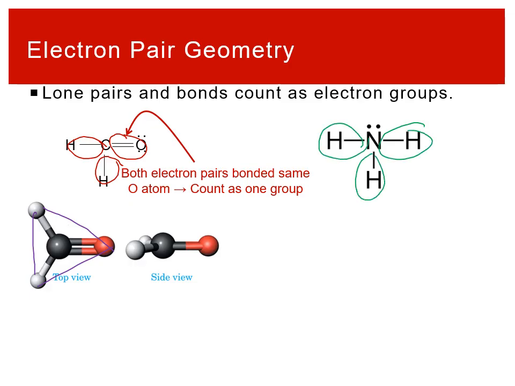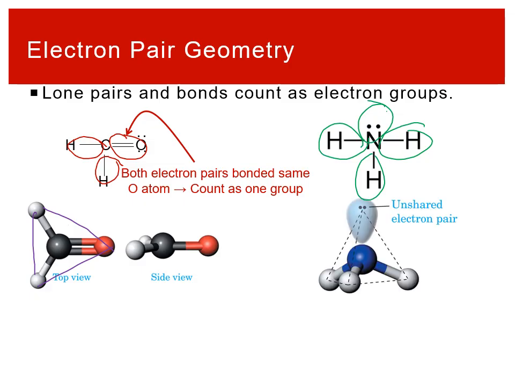Those are the 3 atoms that the nitrogen is bonded to, and then there's also the lone pair. Those lone pairs of electrons still take up space, and they fill part of the shape or the arrangement of the electron groups. And so for this ammonia molecule, the nitrogen ends up taking a tetrahedral electron pair geometry.